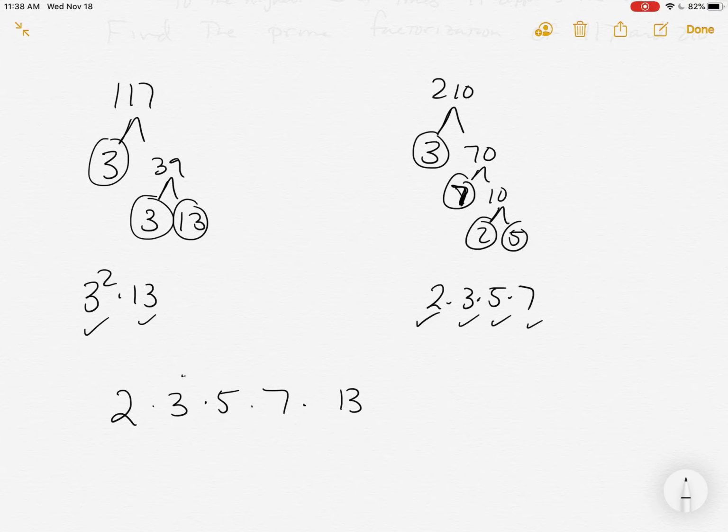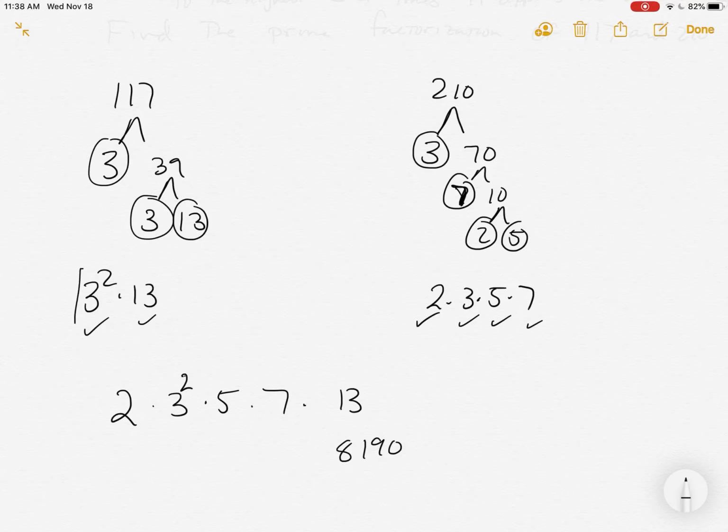We need the highest number of times in any one factorization. We need 2. To take all 3 would make it super big. We need 1 5, 1 7, and 1 13. And so what do we have out of this? We have 2 times 3 squared times 5 times 7 times 13. 8,190 is the first number that they both will go into.